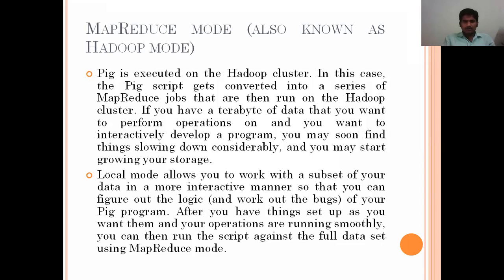After you have things set up as you want them, and if your operations are running smoothly, you can then run the scripts against the full data set using MapReduce. So once we have a simple explanation of each and every statement, we can see what logics we need and which logics are missing.